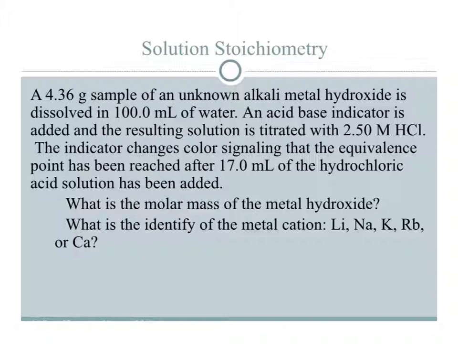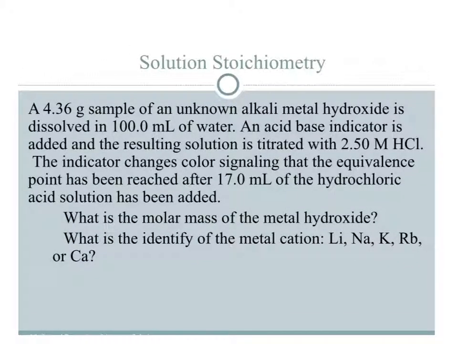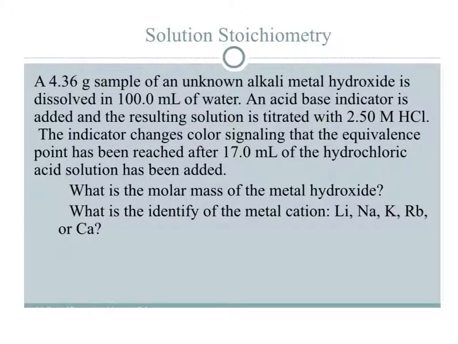What is the molar mass of the metal hydroxide, and what is the identity of the metal? Oh, there's a typo there in their PowerPoint. So they want to know basically what is the cation of the hydroxide.